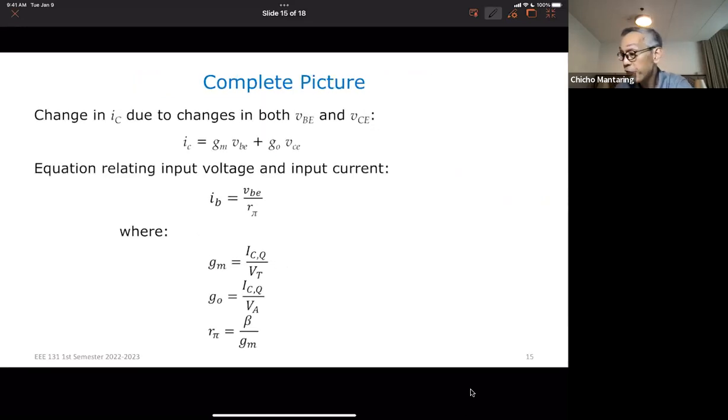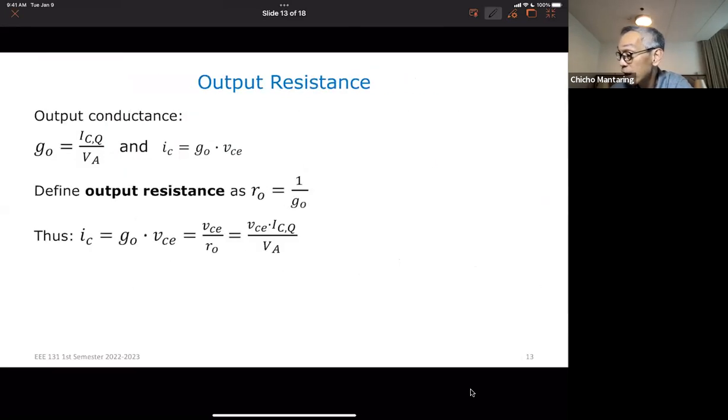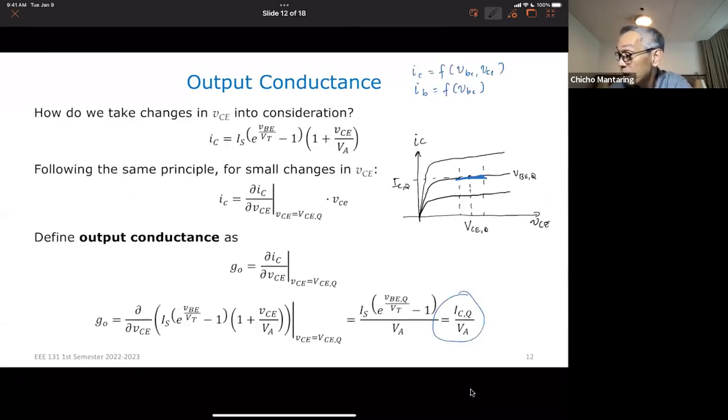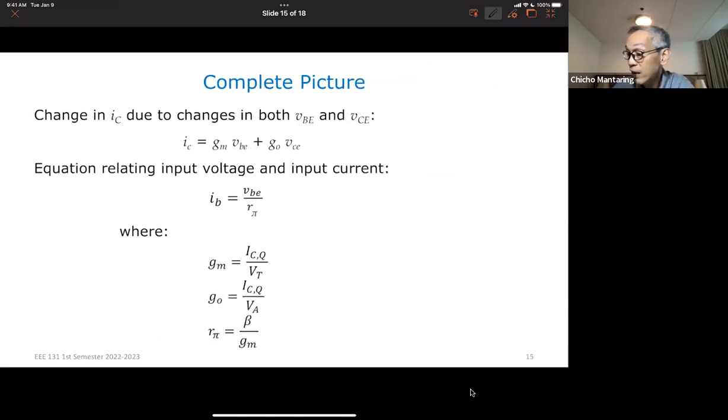So now I have a complete picture. Right? Ito na yung first equation ko. You remember yung first equation ko? Ito, no? This first equation. And then I now have this second equation. Where G sub m is this, ICQ over V sub t. And this you'll have to remember, no?